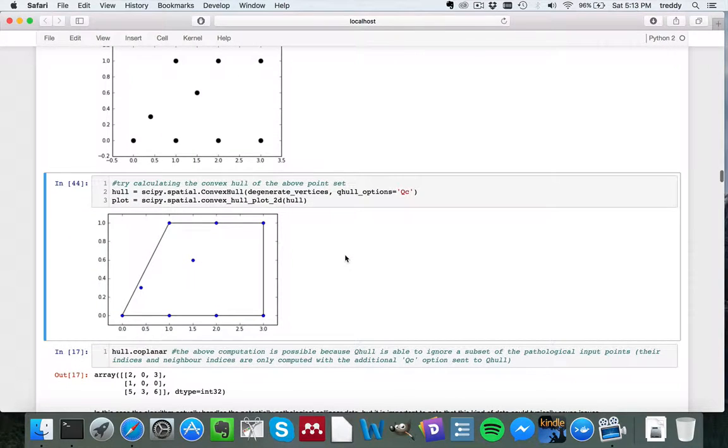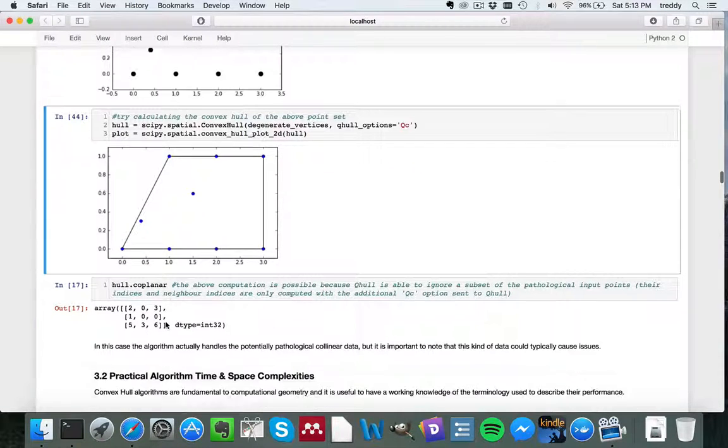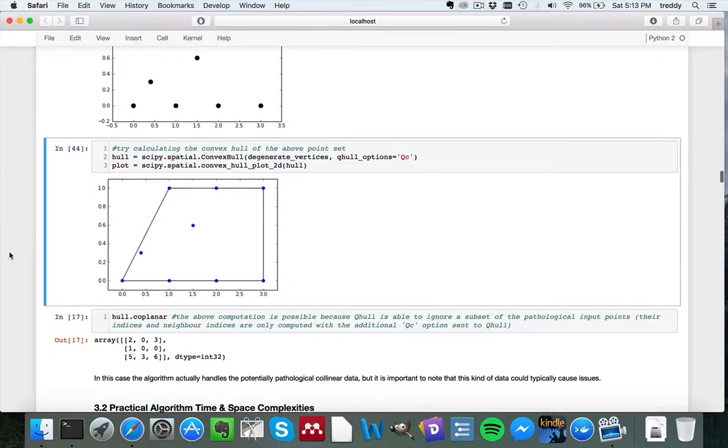So it leverages the really smart code written in that library, and that code is capable of filtering out the problematic points in this case. And if you specify a special QHull option, in this case QC, there are other flags for QHull that will give you different information back.